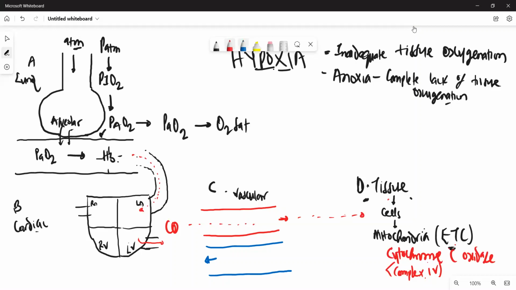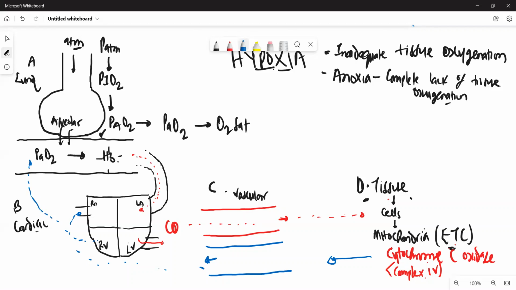And then as we are taking up the oxygen from the blood, the remaining blood is going to be deoxygenated blood, and it moves back through the vein. From the vein, it goes back to the right atrium, the right ventricle, and then we pump it out again into the lung for oxygenation and start all over again.